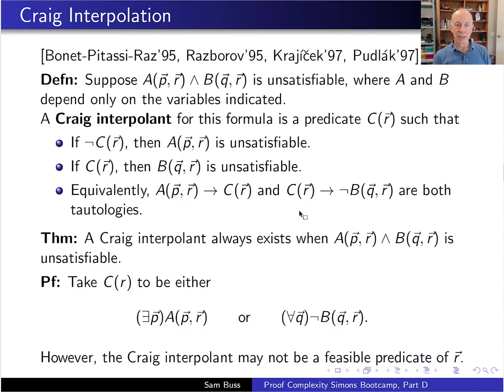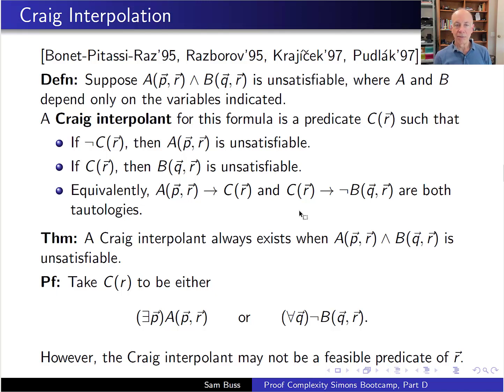So let's make the definition. We have two formulas, A involving variables P and R, and B involving variables Q and R. And we assume that the conjunction A and B is unsatisfiable.